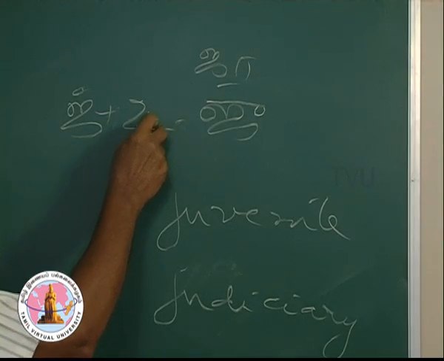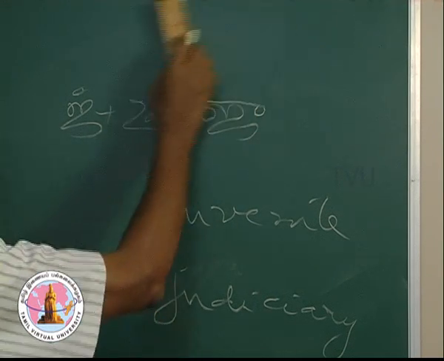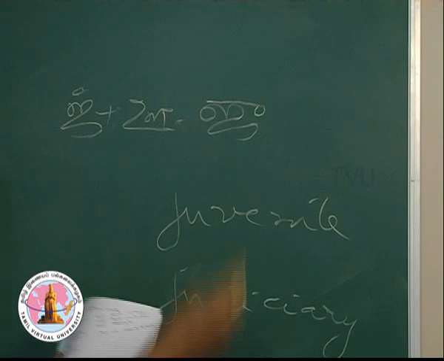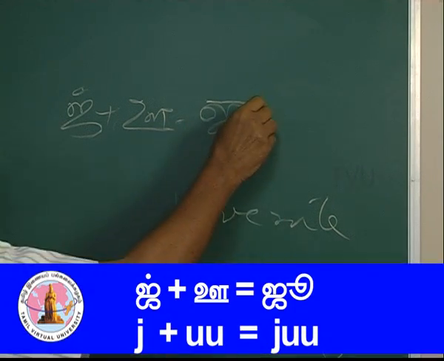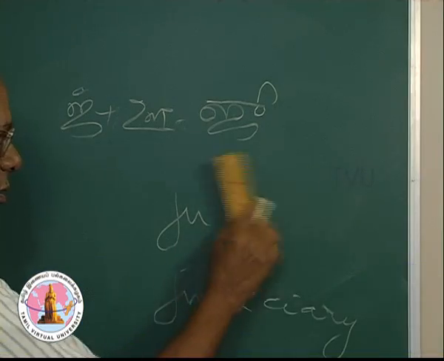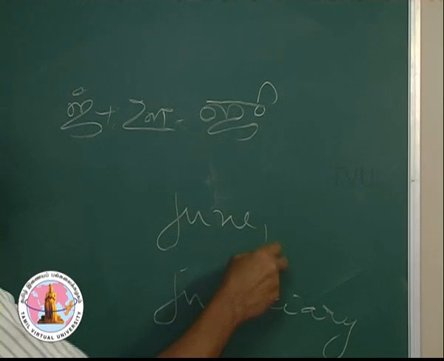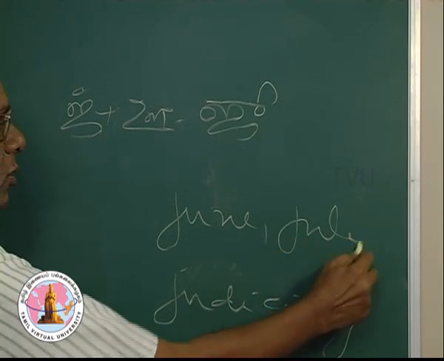The next letter is U, and you have to elongate it. What do we do? We extend it above and bend it. It becomes Ju as you have in June or July.